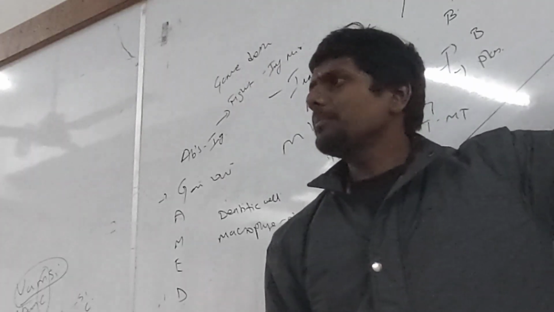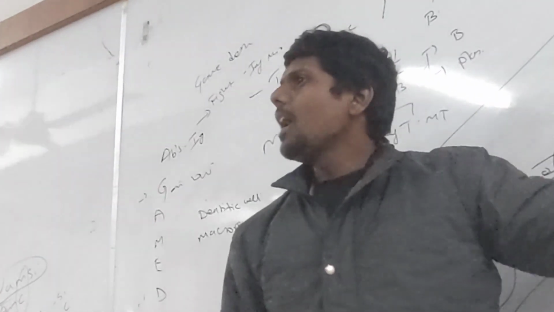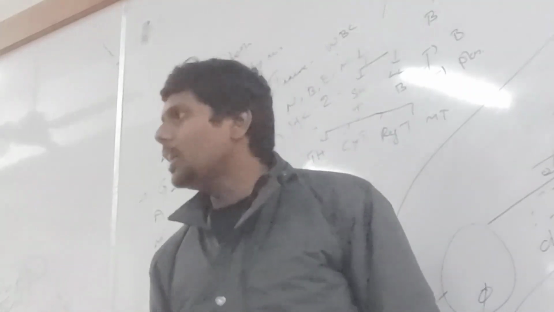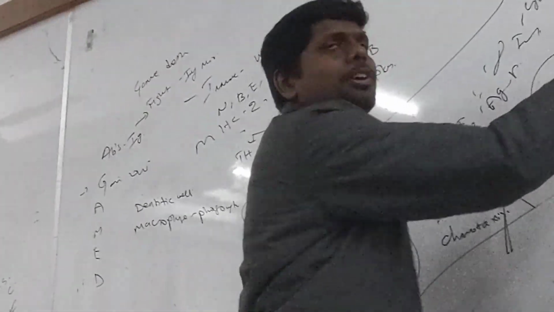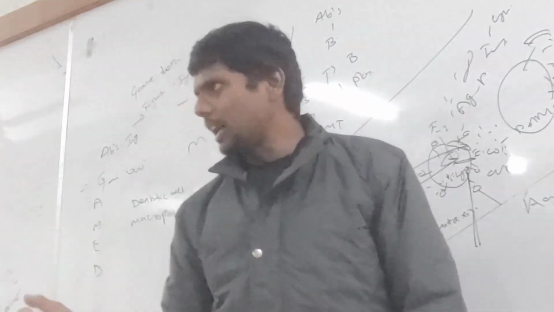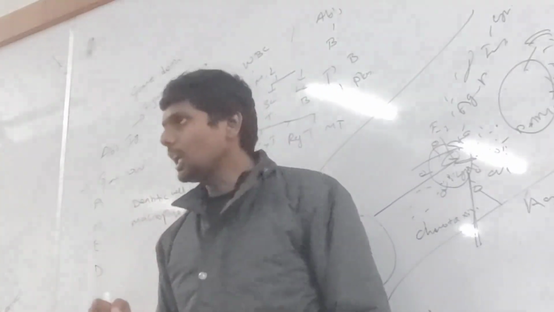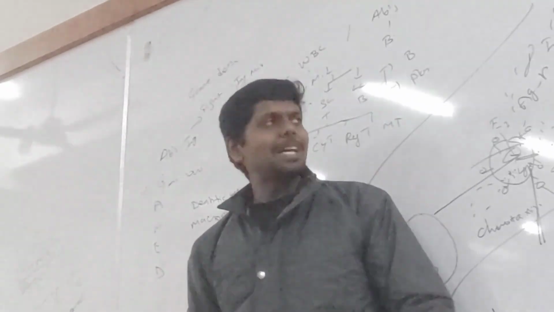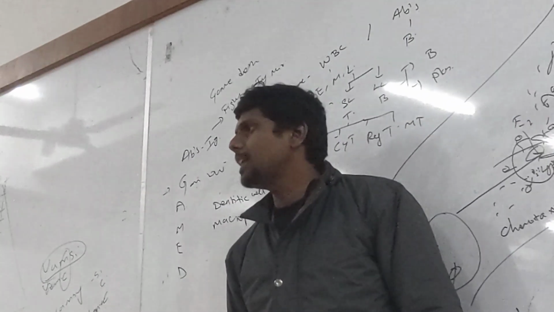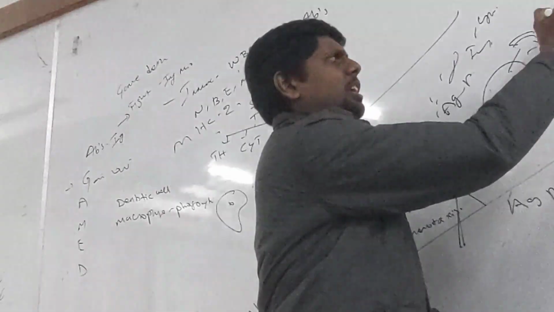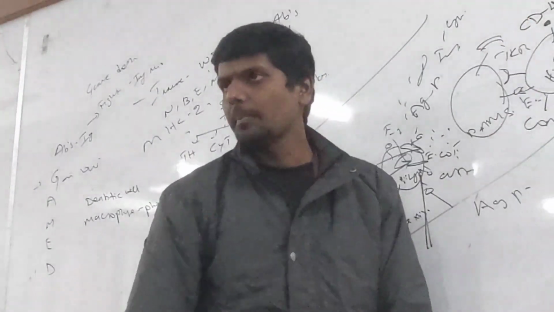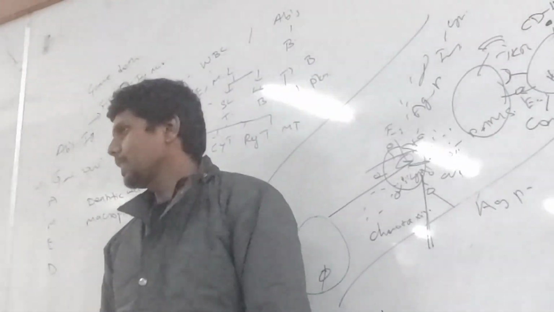Helper T cells have a surface recognizing molecule, a cluster of proteins present on the surface of the helper T cell. We have given it a name: cluster of differentiation 4, CD4.